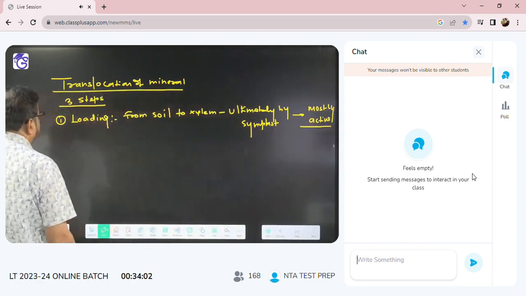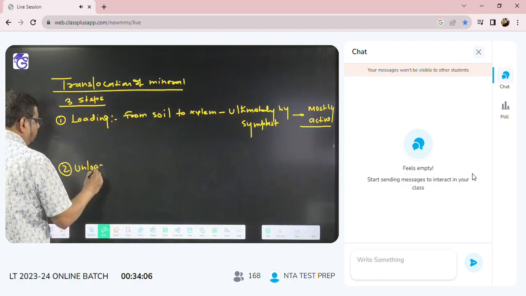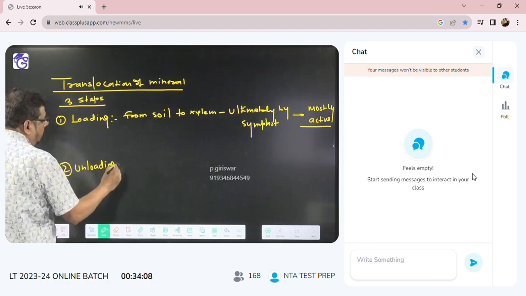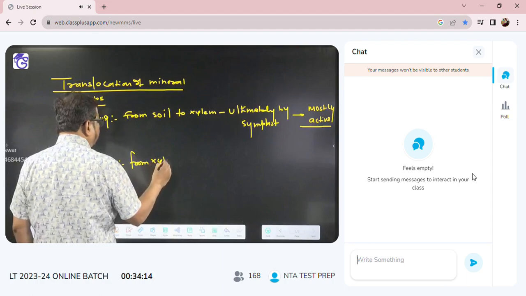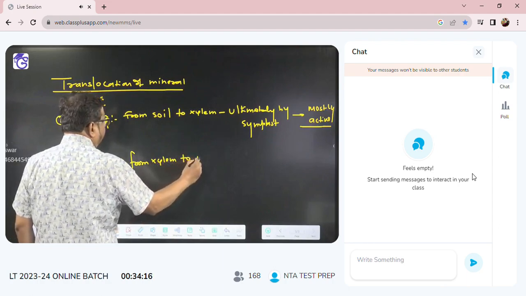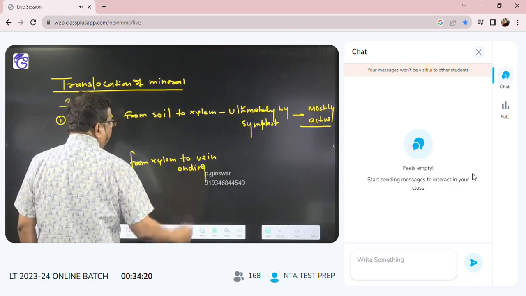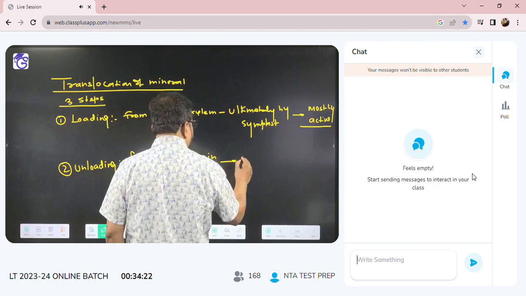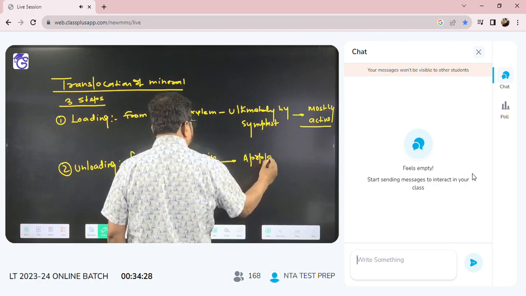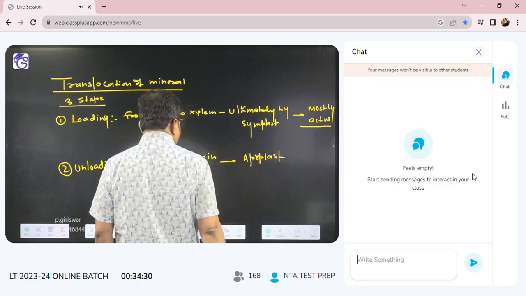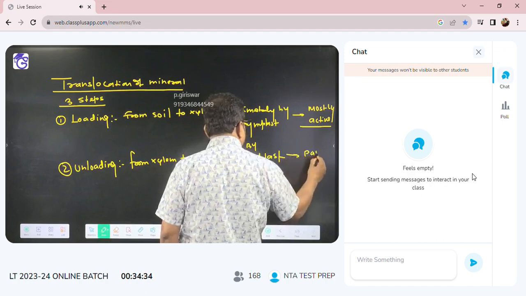Second one is unloading, from xylem to vein ending. And this unloading occurs by apoplast, and it is passive, no energy required.